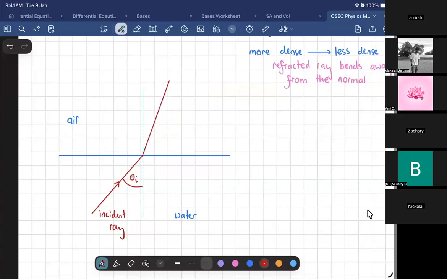Nikolai, if I'm going from a more dense to a less dense medium, would the refracted ray bend towards the normal or away from the normal? It would bend that way. Right, so it bends away. And I call this theta R. And this would be your refracted ray.